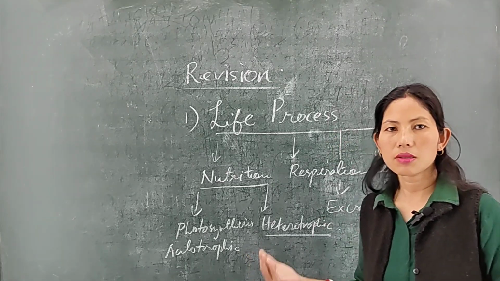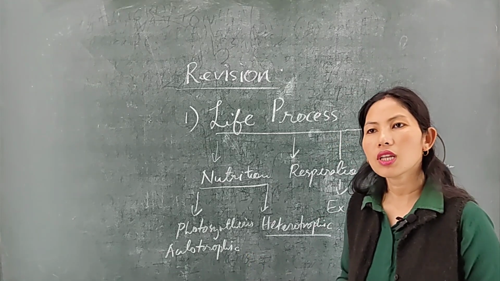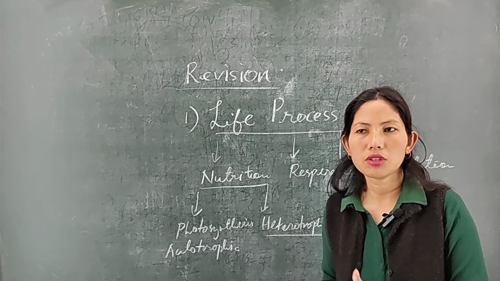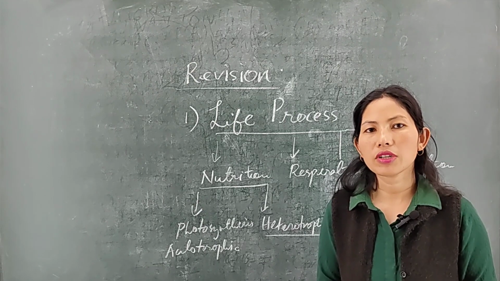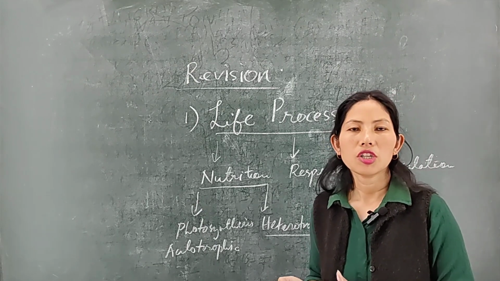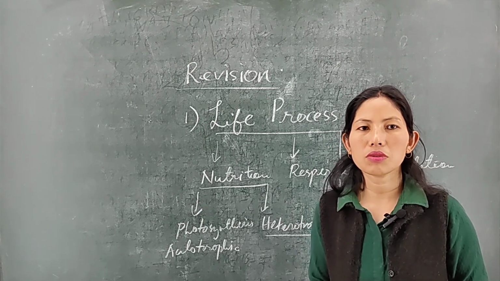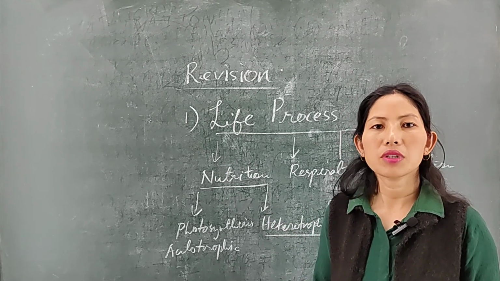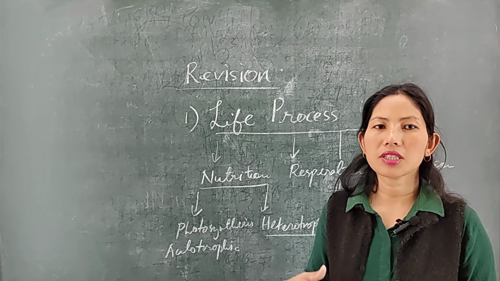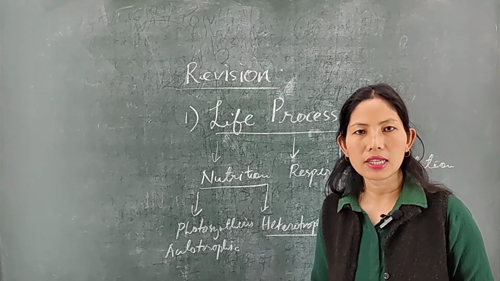Then next, number 3 is the holozoic mode of nutrition. Under holozoic mode of nutrition, you need to study holozoic nutrition in unicellular organisms and holozoic nutrition in humans. Holozoic nutrition means a type of nutrition where food is taken inside the body, digested, and then absorbed and assimilated.